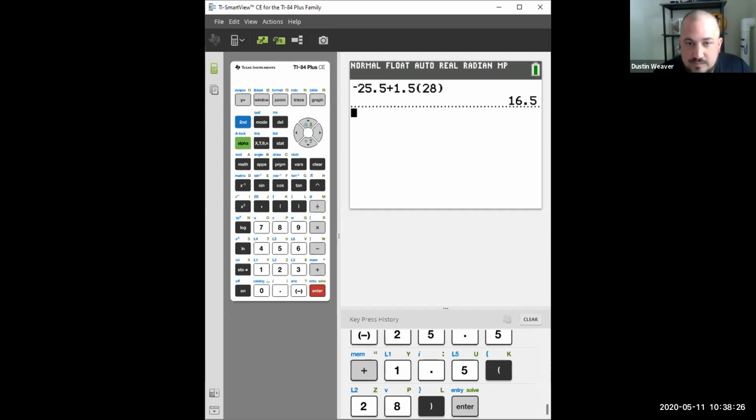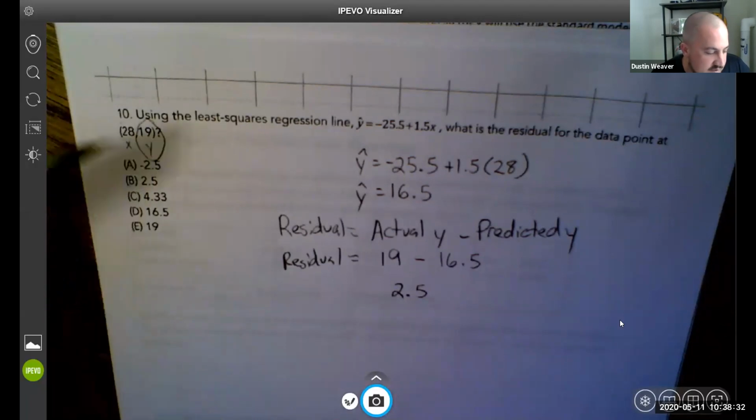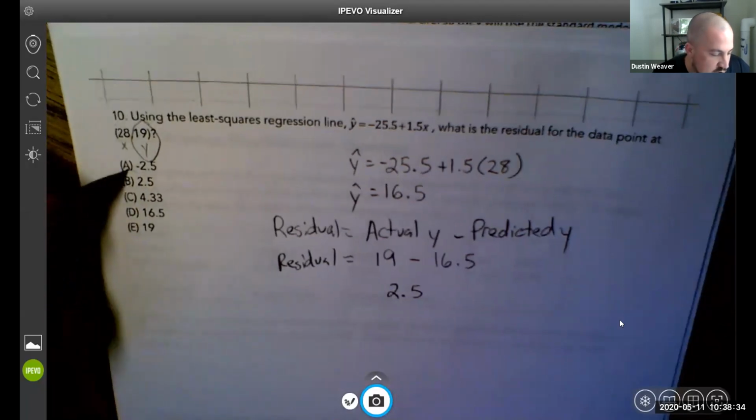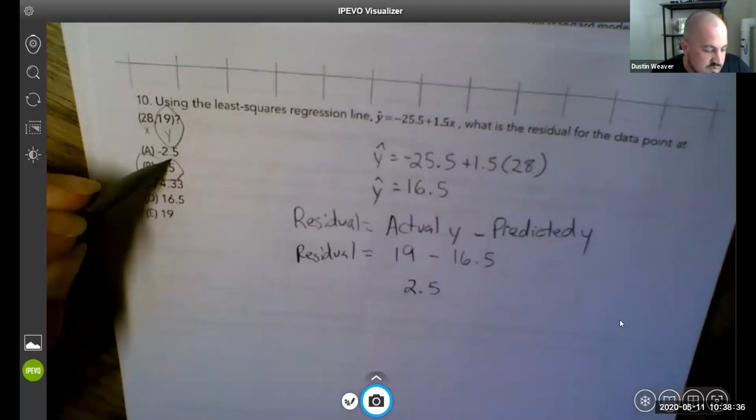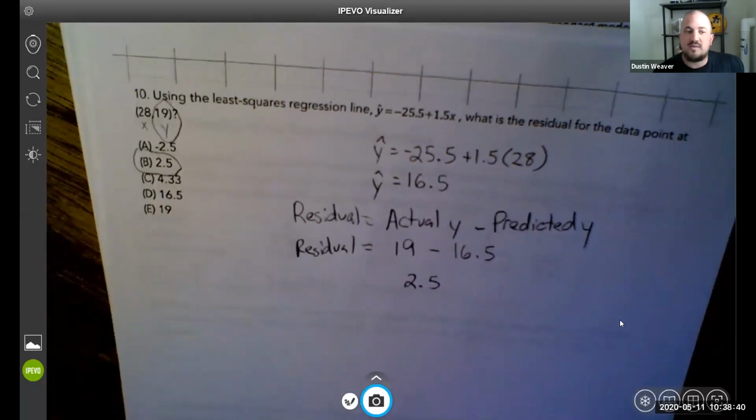Now, notice that you see negative 2.5 as an option too. So they are hoping that you're going to mess those up or get those backwards. So you really want to be careful with that.